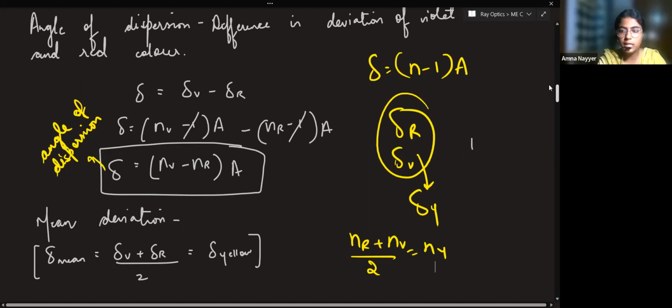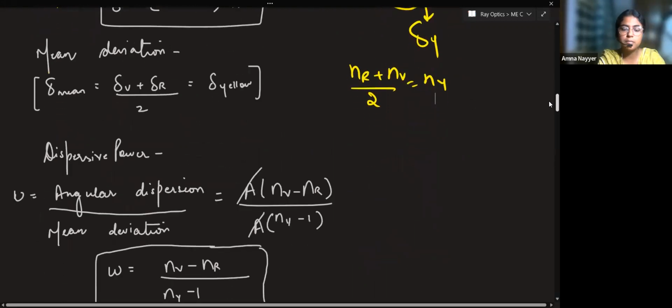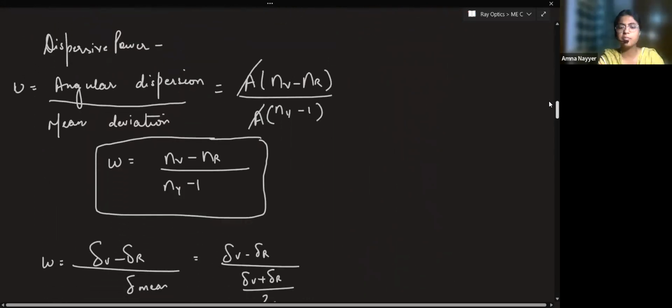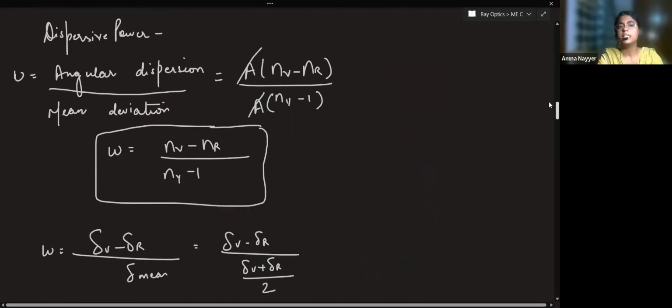One quantity that we have is dispersive power, but let's discuss dispersive power, then you can note down all these points. See, dispersive power is basically what?